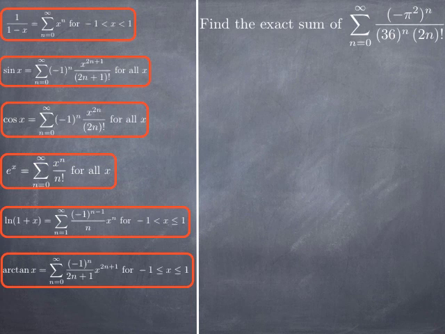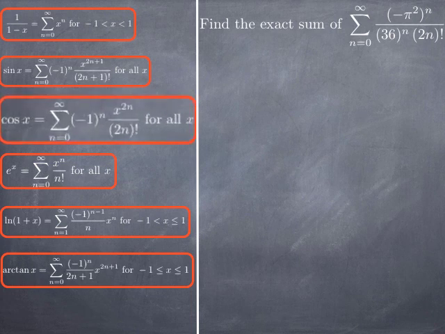In this case, in particular, there is a 2n factorial at the bottom, and so maybe that means that this corresponds to a cosine, or at least we can try to match it with the formula for a cosine, because in the power series representation for cosine x we have 2n factorial at the bottom.